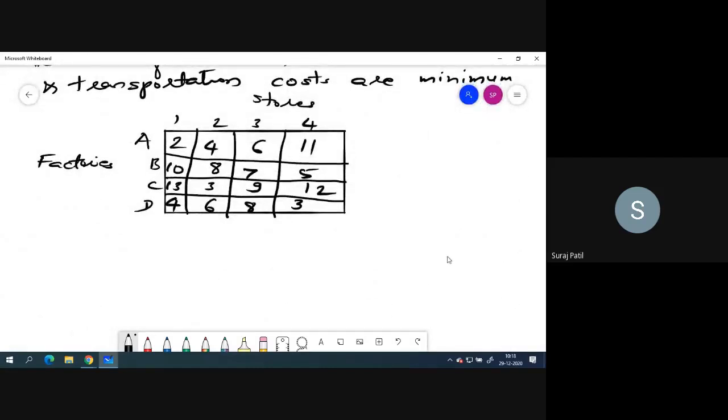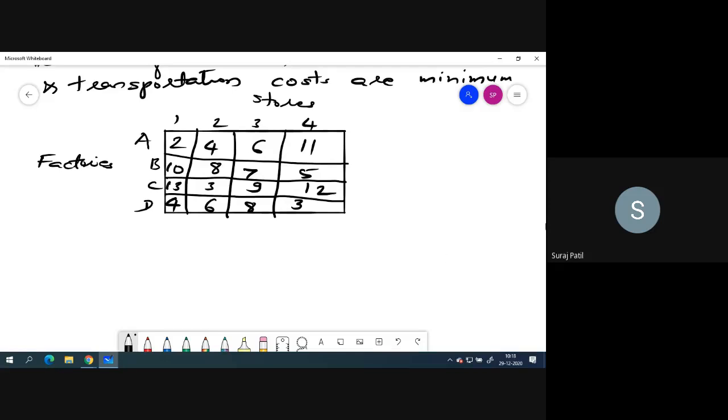If you read the problem definition, demand and supply of factories and stores has been mentioned. Also, in the table they have mentioned the transportation cost, and also the production cost.